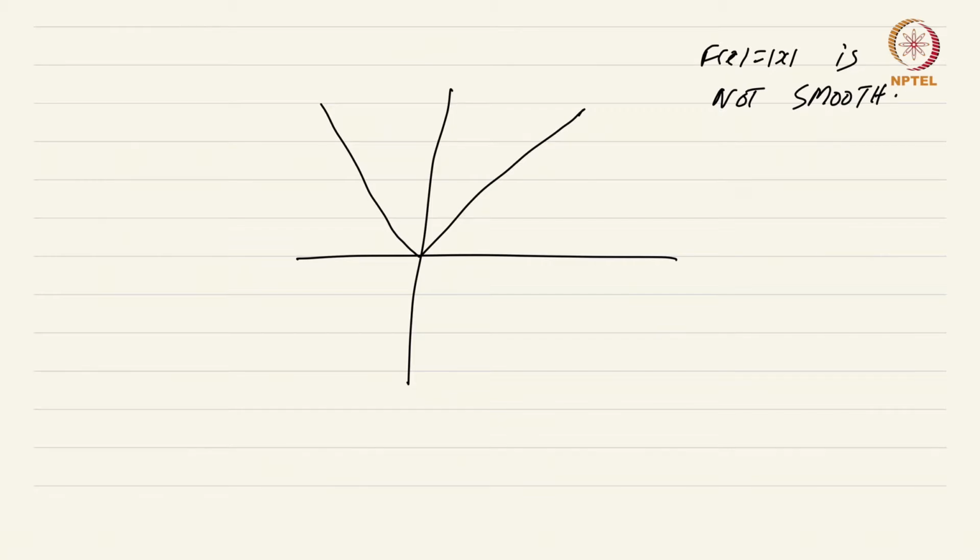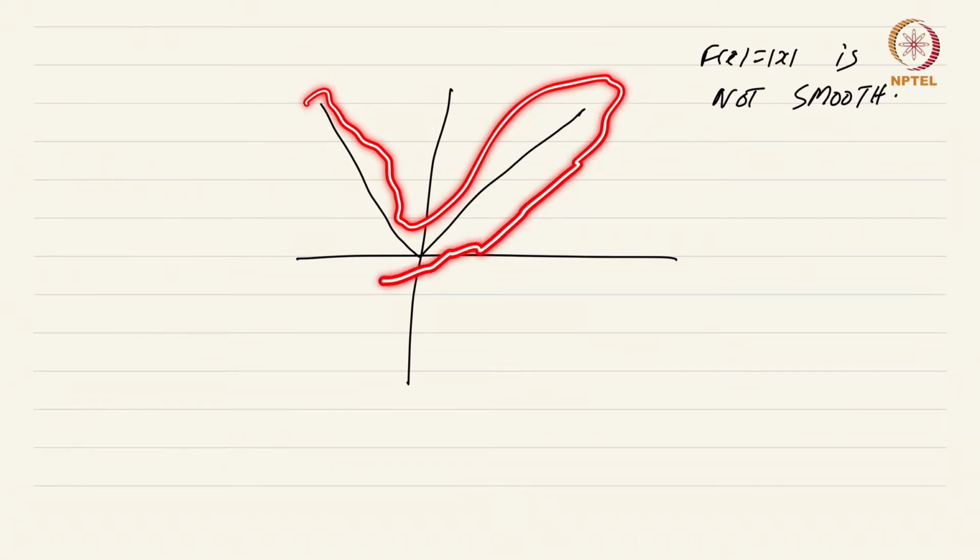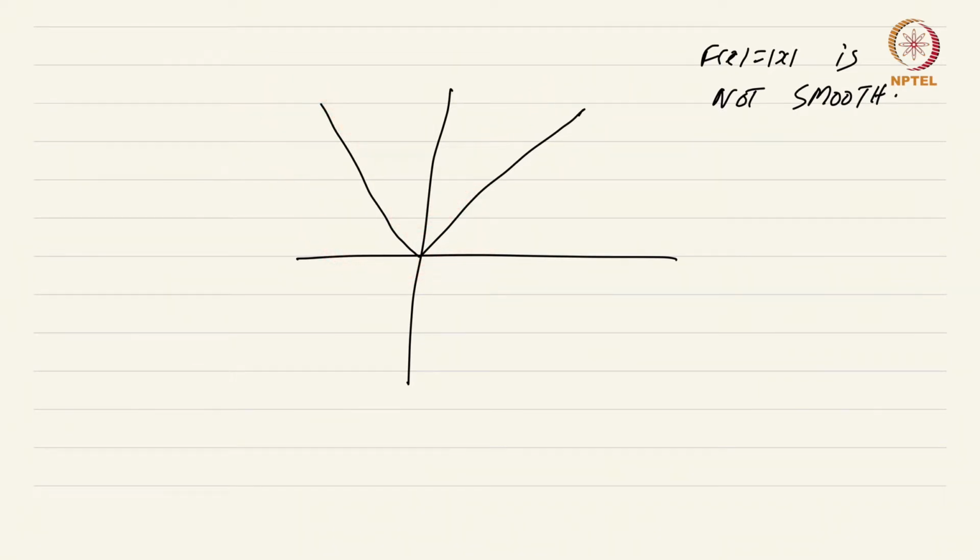Now that doesn't mean that it is impossible that this graph is a smooth manifold. That's not guaranteed. It could be the case that we could write this object, this V, as the graph of some other function which happens to be smooth. Is that possible? Well, actually not so.